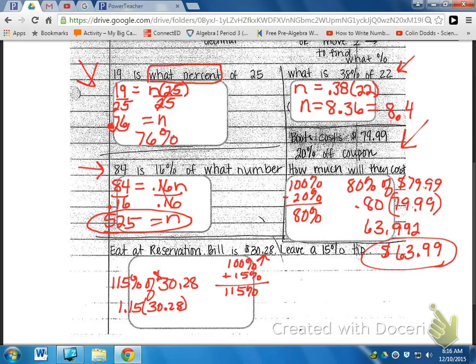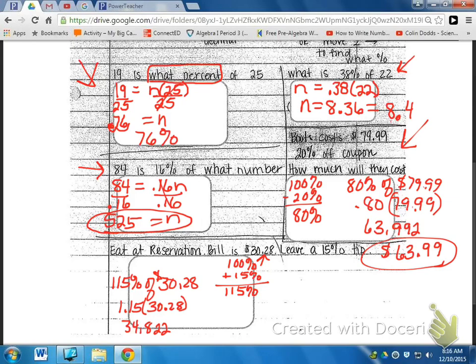So when I get 1.15 times 30.28, I get 34.822. So Layla, what makes sense to say that I'm actually leaving for this?